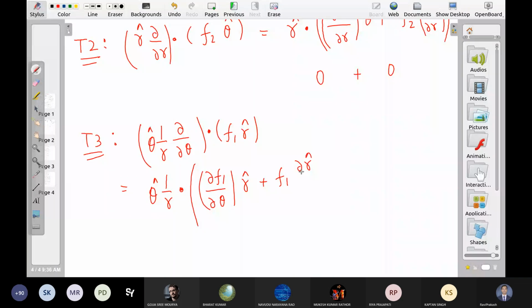So what do you get? First term is some quantity theta cap dot r cap, 0. What is this quantity del r cap by del theta? Theta cap, and theta cap dot theta cap is 1. So what we get from here? F1 by r, right?